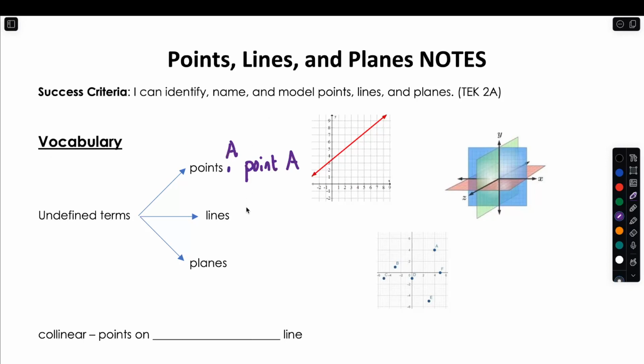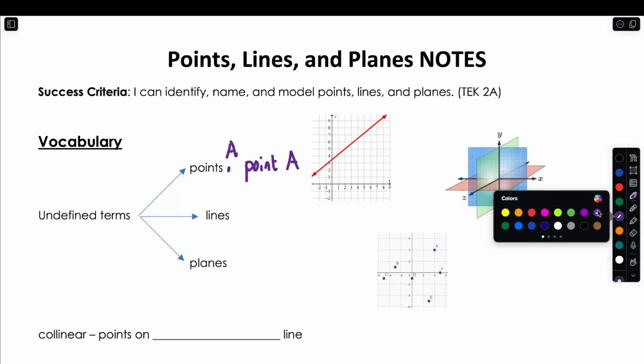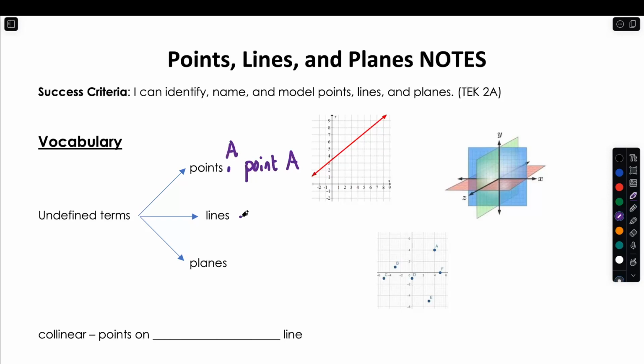Next, we have a line, which is made up of infinitely many points. It is straight, and it extends indefinitely in opposite directions.